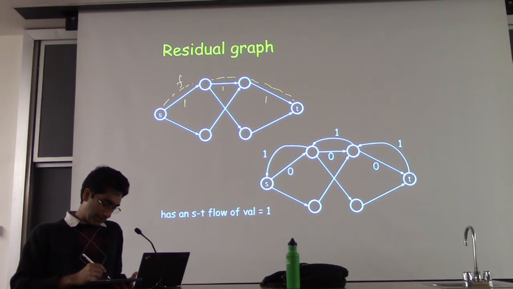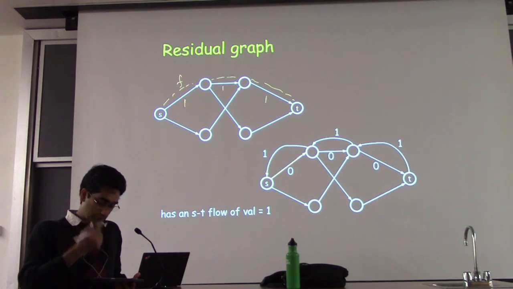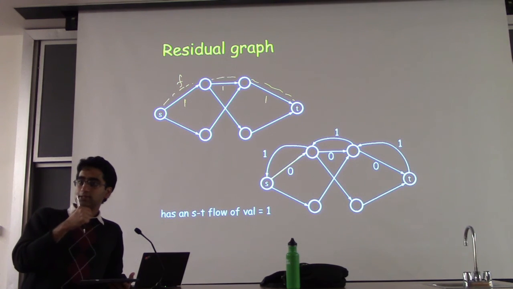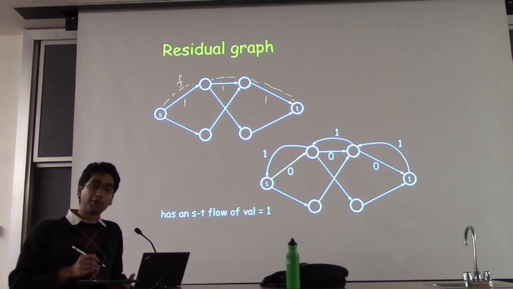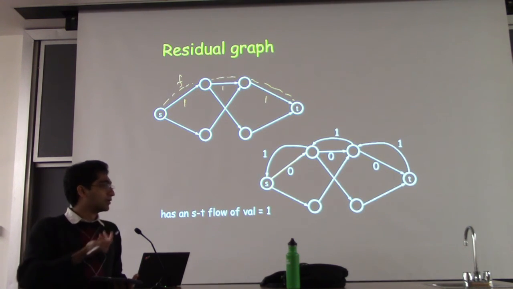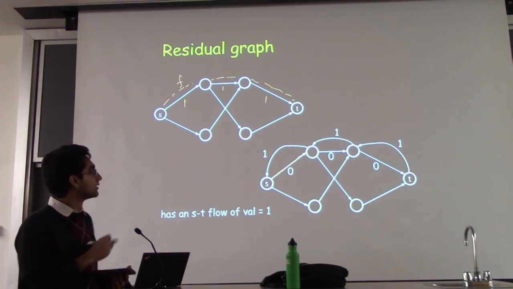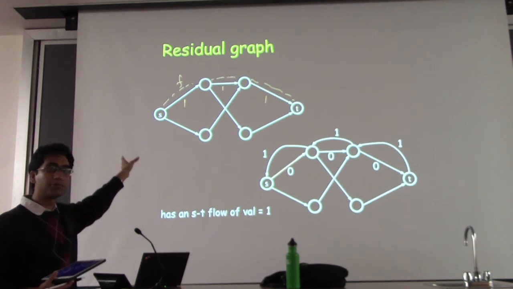That's what I wrote here: the forward edges have capacity 0. Additionally, we introduce these backward edges, and these backward edges now have capacity 1. The capacity of these backward edges is the amount of flow that you sent. So this is the residual graph for that flow f. Any questions about this?